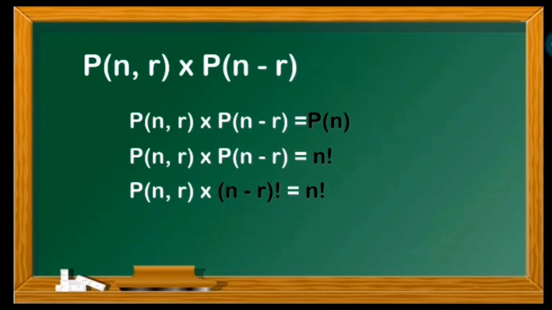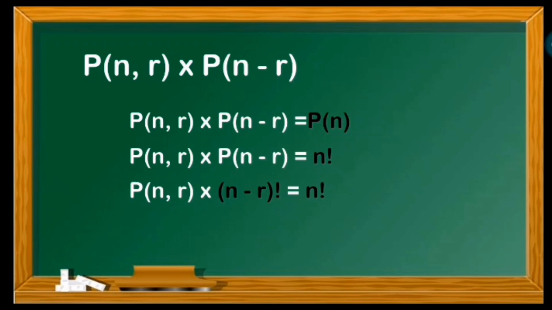So next step is P(n, r) multiplied by (n-r) factorial. So (n-r) factorial comes from the permutation of n-r. So, P(n-r) is equal to (n-r) factorial. So it equals n factorial.